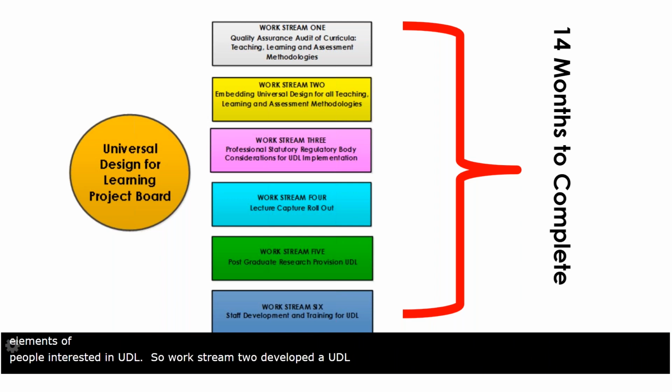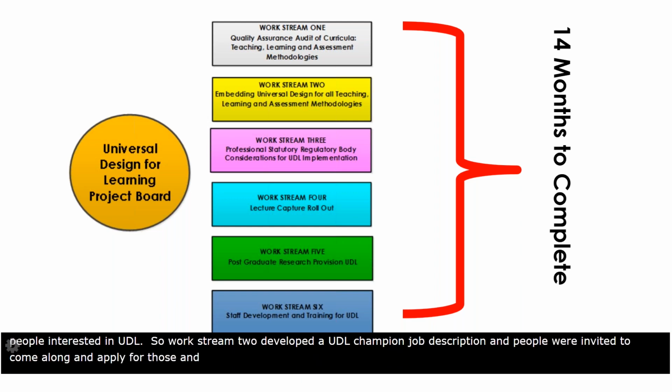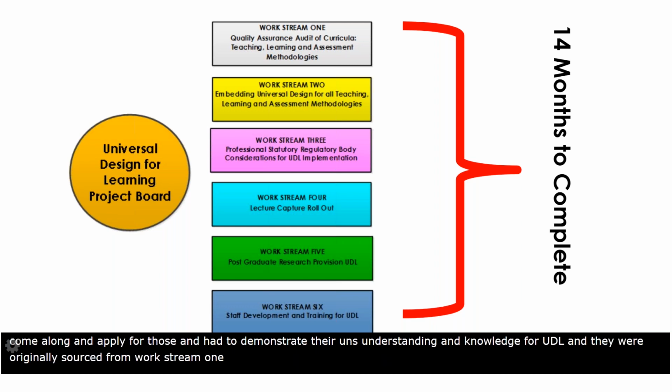People were selected and had to demonstrate their understanding, knowledge and passion for UDL, and we successfully recruited 6 UDL champions. And they were originally sourced from the Workstream 1 audit that identified these individuals. So we have faculty, academic and professional service UDL champions.